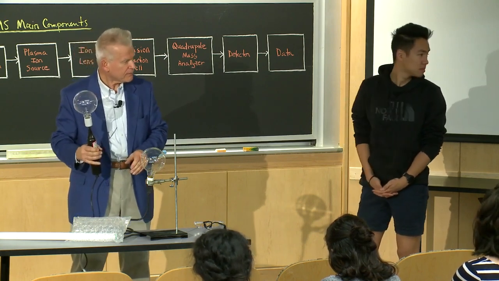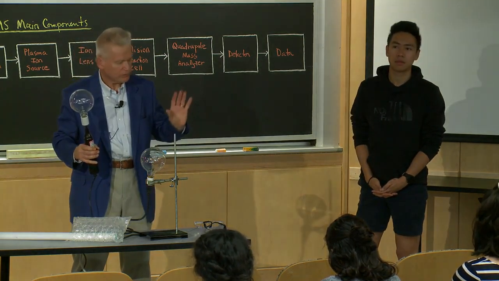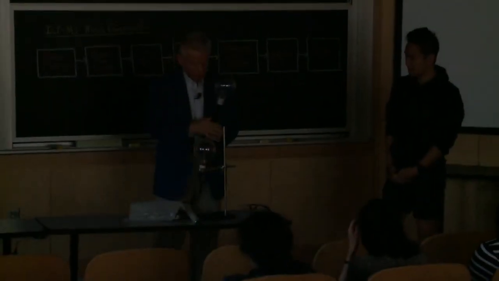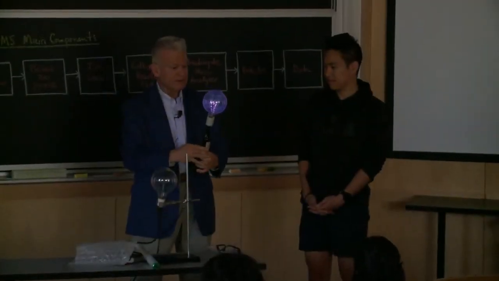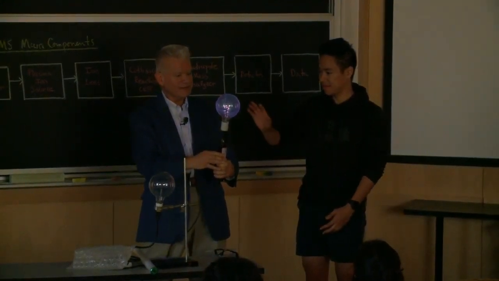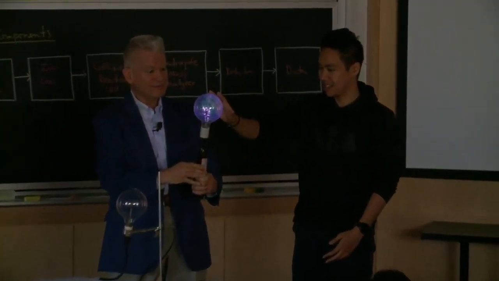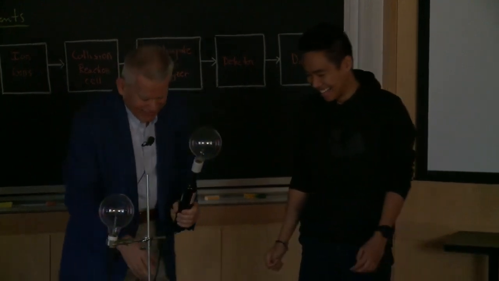Yeah, just hold that in. That's perfect. Before we start, Alec, let's see if we get this thing going here. Want to just bring your hand up toward that? Okay.